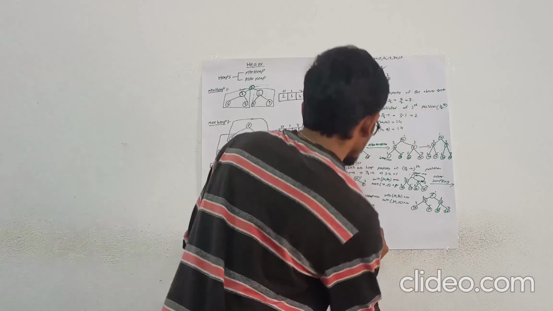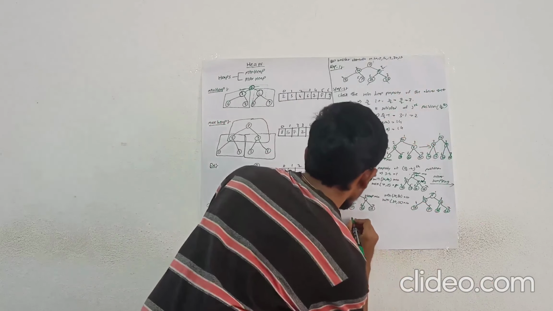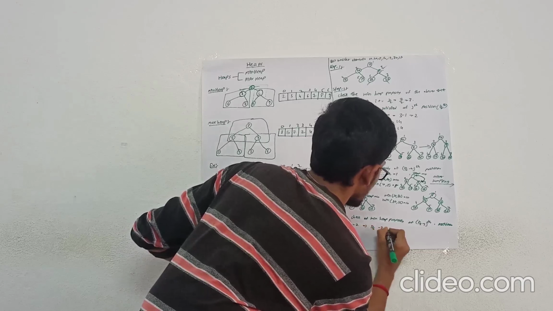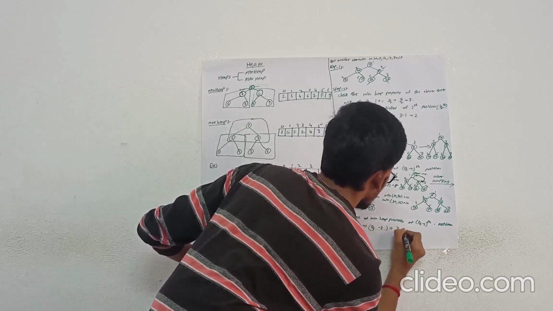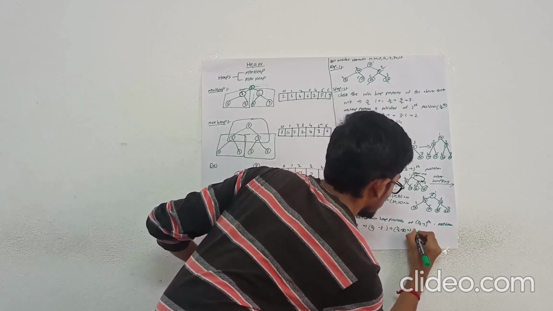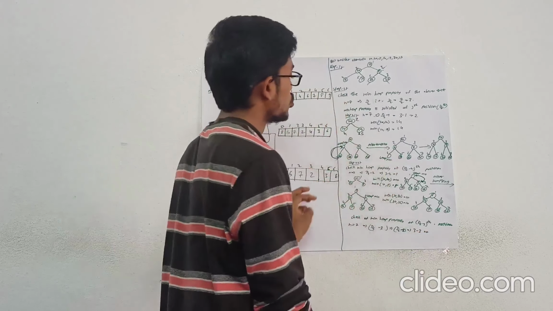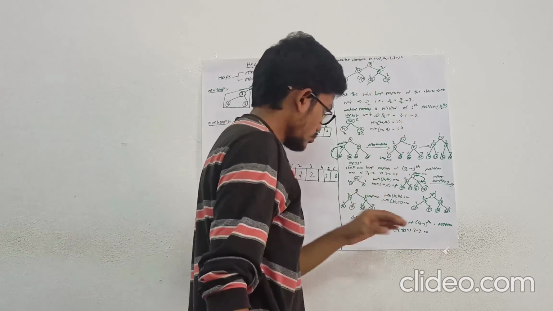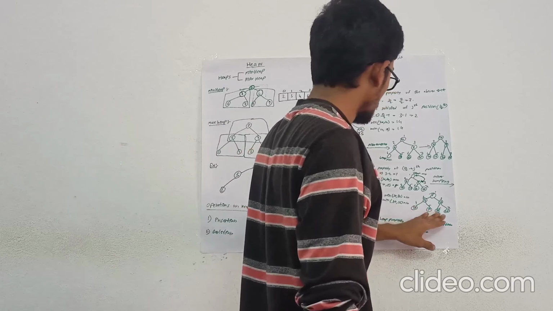Now I am checking the min heap property at n by 2 minus 3 position. That is n is equal to 7, total elements is equal to 7, n by 2 minus 3, that is 7 by 2 minus 3, 3 minus 3 becomes 0, so there is no element at position 0.